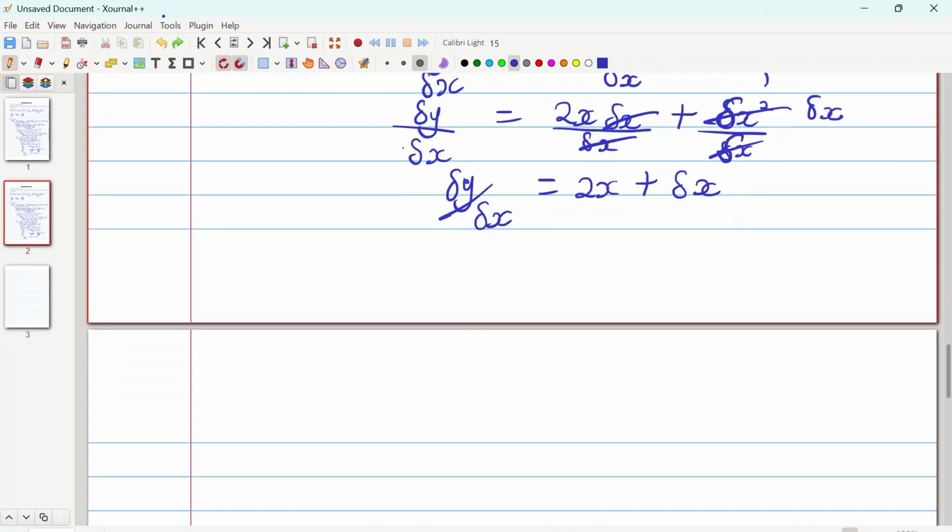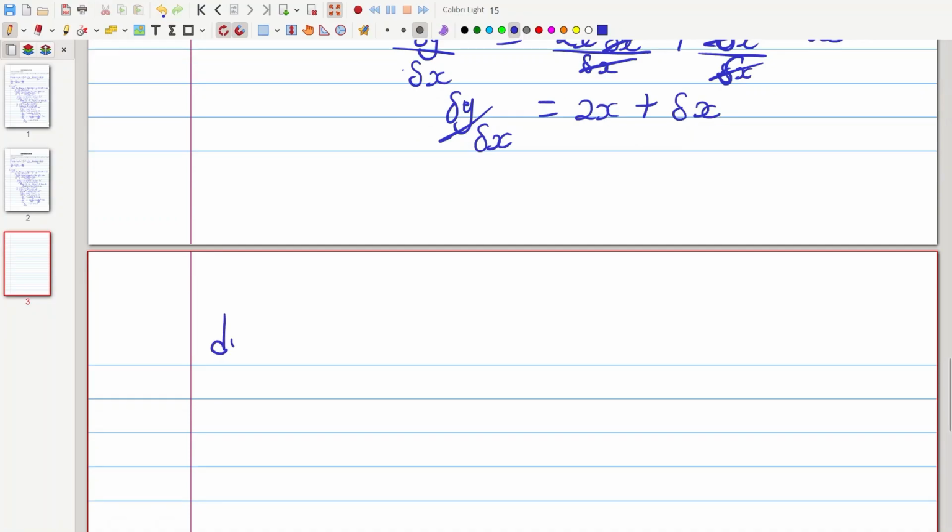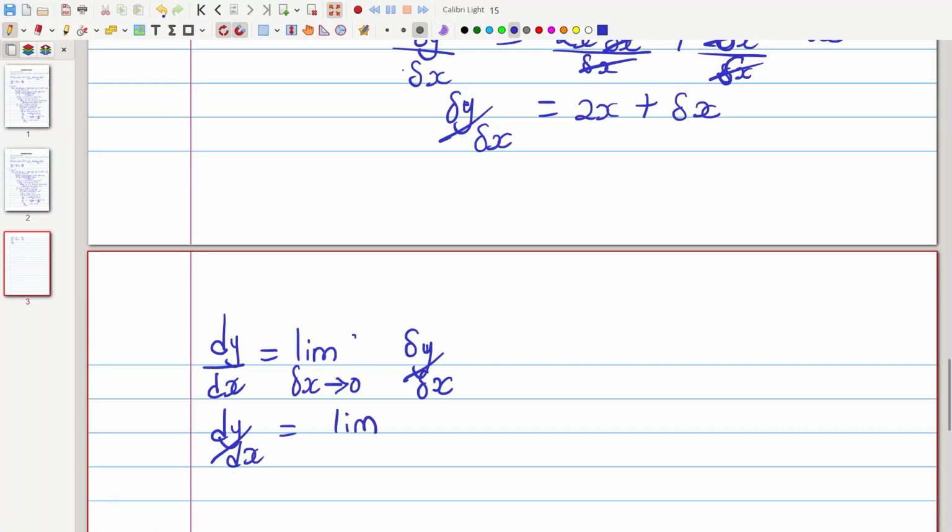So dy/dx is equal to the limit as delta x tends to 0 of 2x plus delta x.